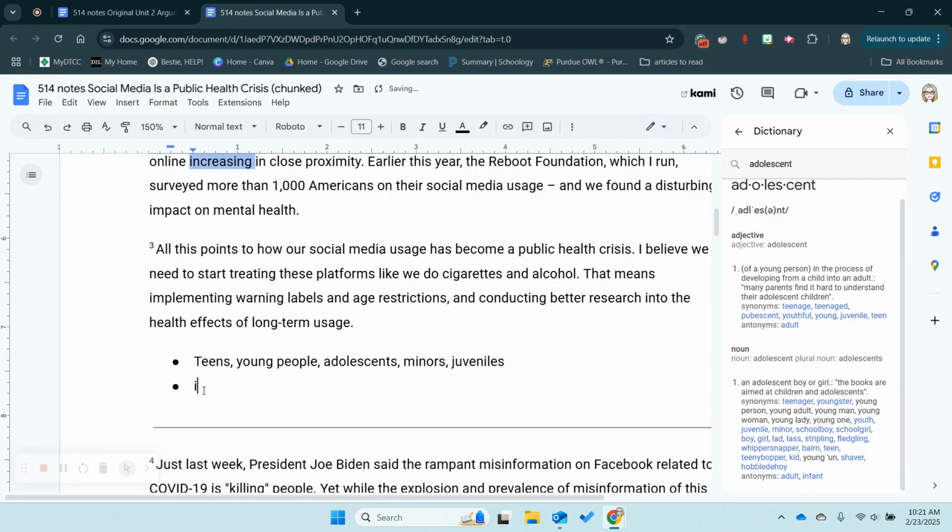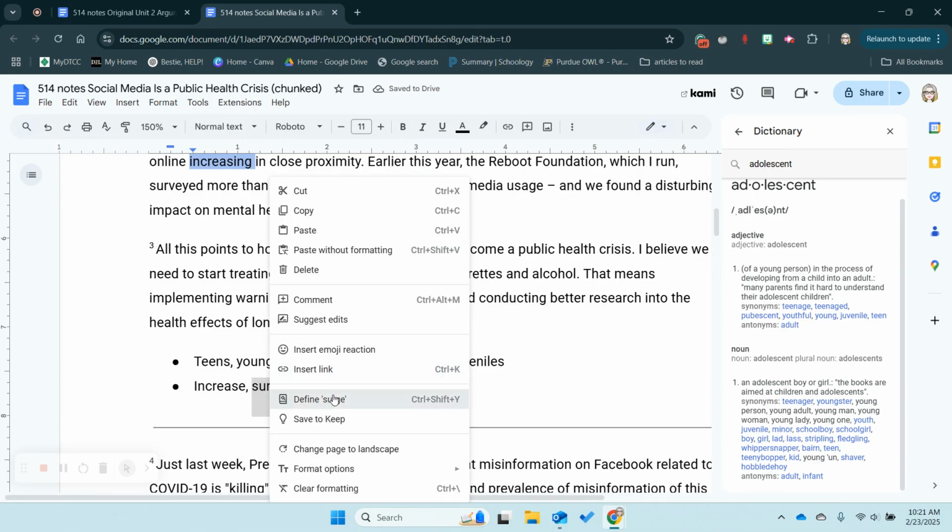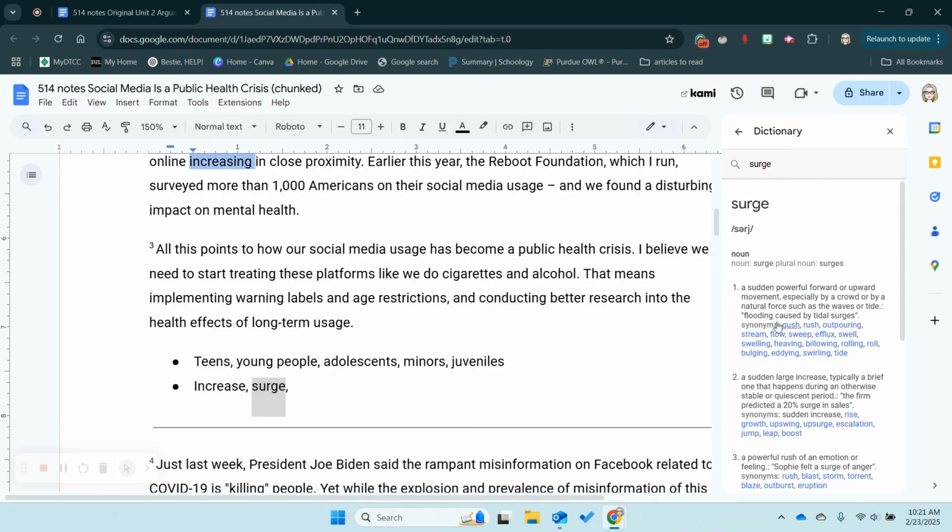We have increase. One of the ones that came up in one of my classes was surge. Let's see if we can find any other words that would give us some options here. Outpouring, swell. I don't like any of those. Oh, here we go. Escalation, upswing is kind of good.